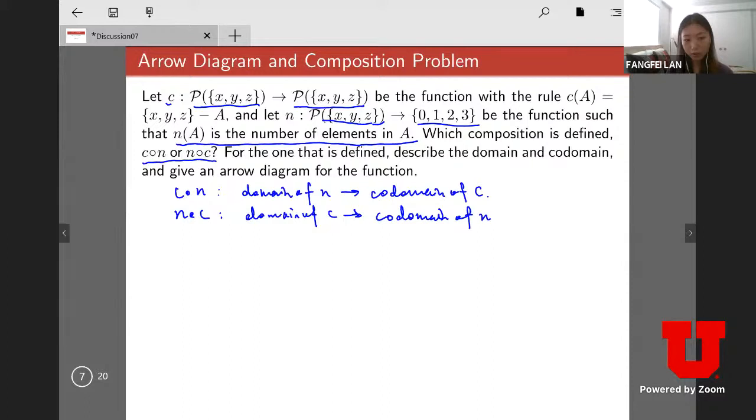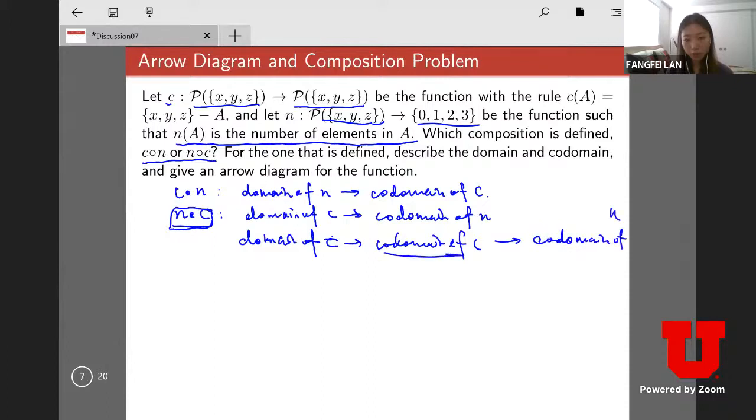So the codomain of C, the first function we unpack, needs to be the same as the domain of the second function.